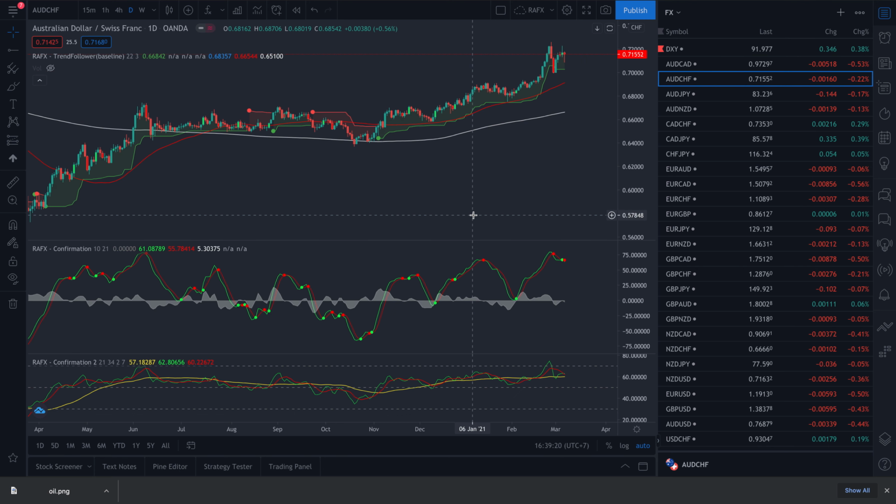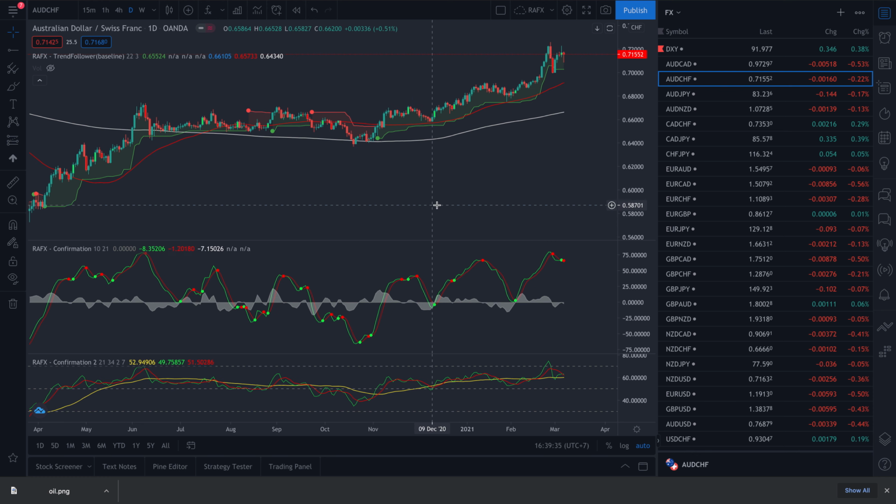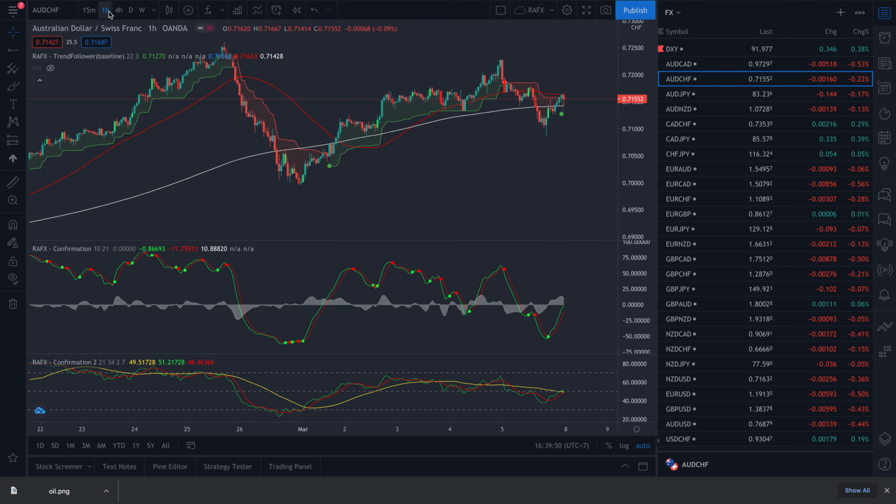So using those filters to get into the trade, we will scan each of the pairs. For AUD CHF, it is a long trend, an uptrend, so we are looking for a long trade. Let's see if we will have one.